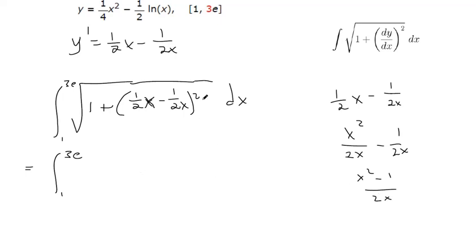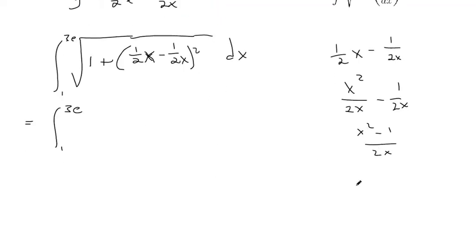So we are going to square that. When we square that, we've got x squared minus 1 multiplied by x squared minus 1, all over 2x squared, which is 4x squared.